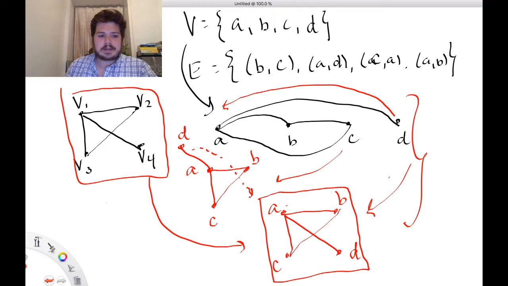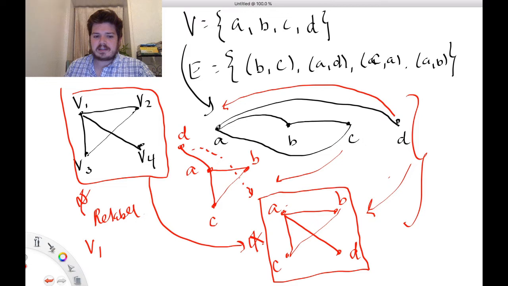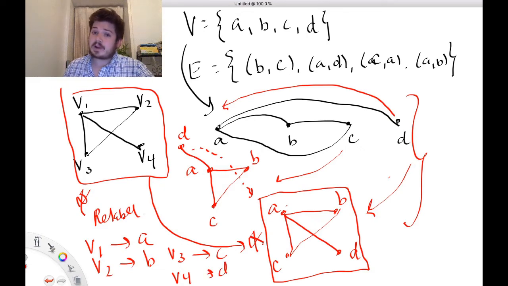This graph has vertices A, B, C, D, but this graph has vertices V1, V2, V3, V4. So they really are different vertices. However, if I relabel V1 as A, relabel V2 with B, V3 relabel to C, and V4 relabel to D, then they will be the same graph.